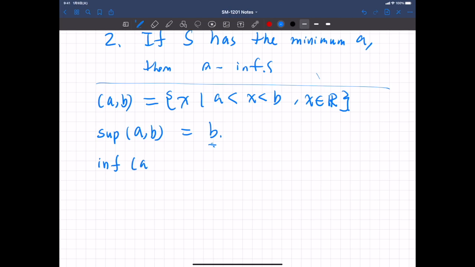And the infimum of the interval between a and b is a. In this case, these supremum and infimum are not elements of this subset of real numbers, right? Nevertheless, they are the supremum and the infimum.